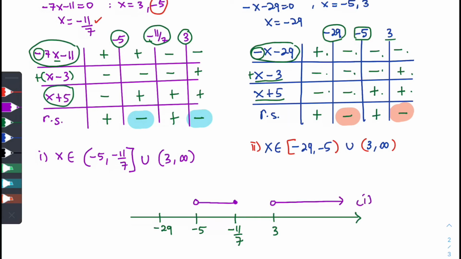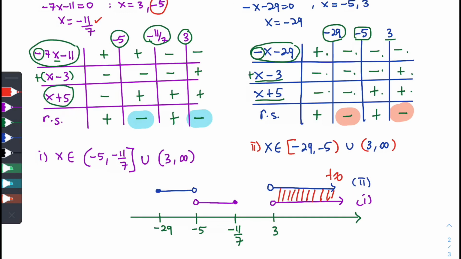So this is your first part. The second part has -29 closed, which is solid, -5 open, which is a hole, then 3 a hole until positive infinity. To combine, you find the intersection, which gives you only 3 until positive infinity.